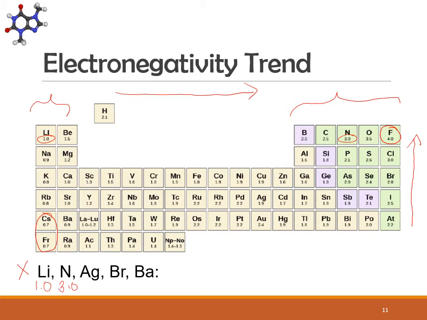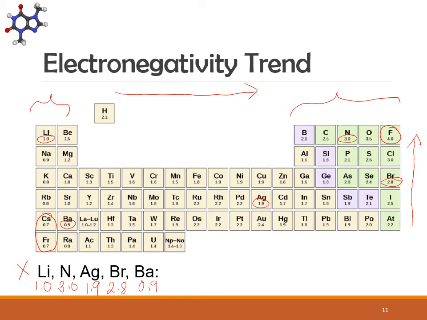Silver has an electronegativity value of 1.9. Bromine has an electronegativity value of 2.8. And barium has an electronegativity value of 0.9.